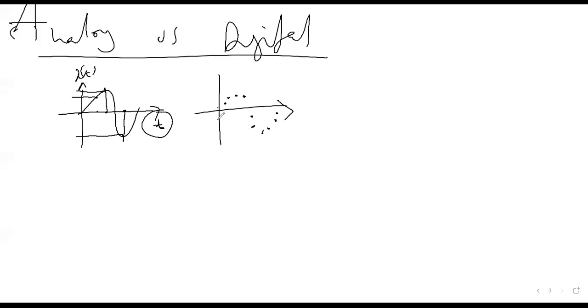It is not continuous in time. It is discrete in time. At some time points there is no amplitude, so it is not continuous. It is defined only for certain points. You need to understand the difference between analog and digital signals from the representation.